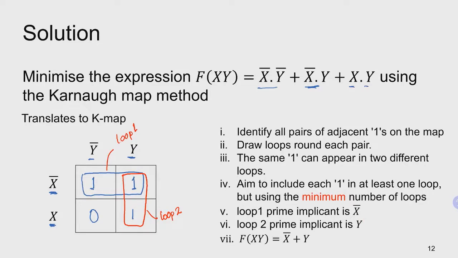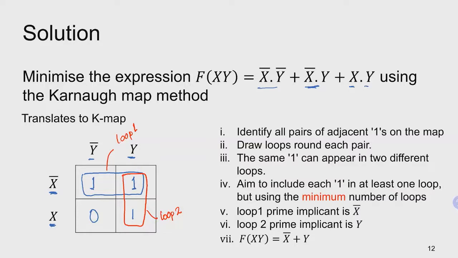And then the final function is the OR of the two prime implicants. So we have one implicant x bar and the other one is y.